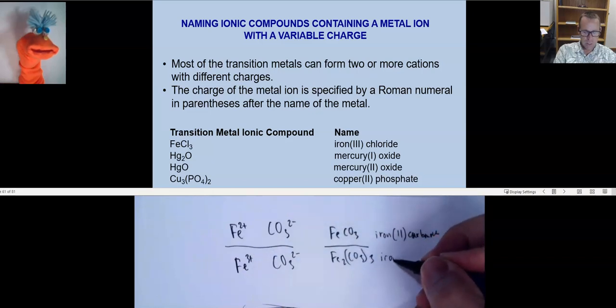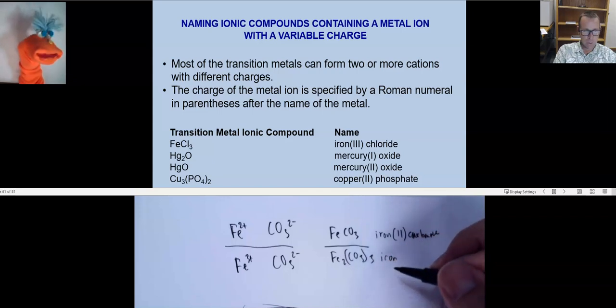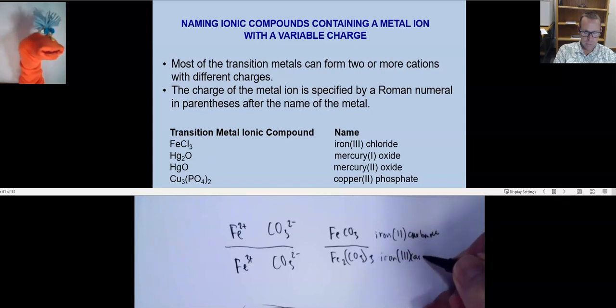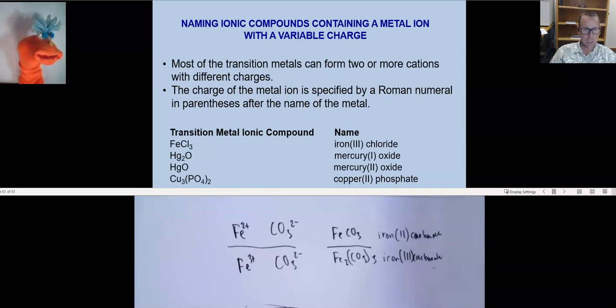What do you think the name of this iron carbonate would be? Iron 3 carbonate? That's right, iron 3 carbonate. Because that 3 is telling me what? The charge on the iron in the compound. That's right. Okay?